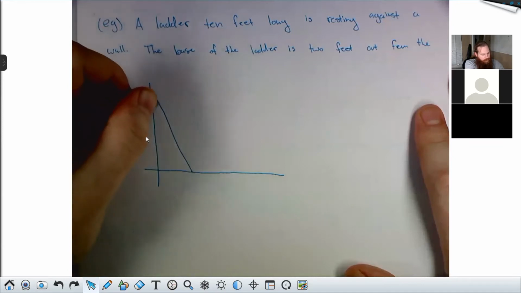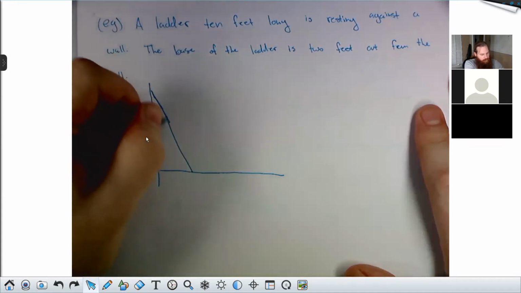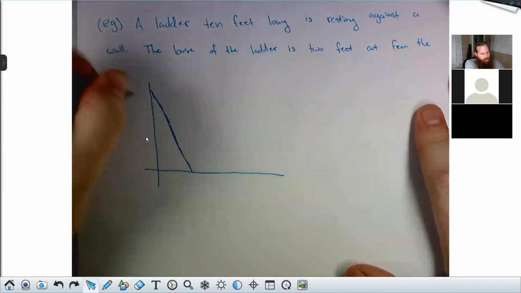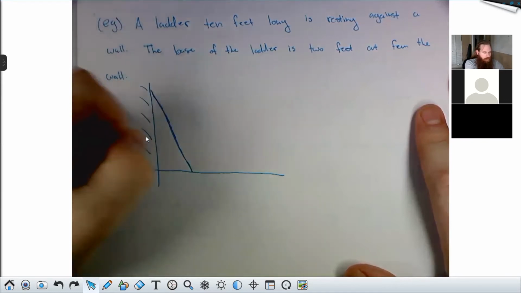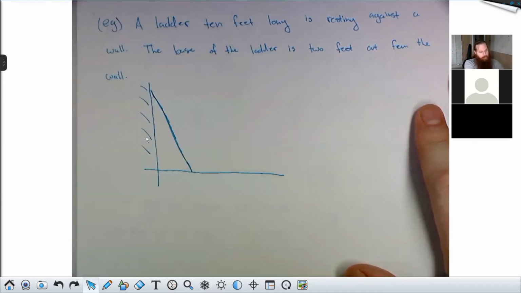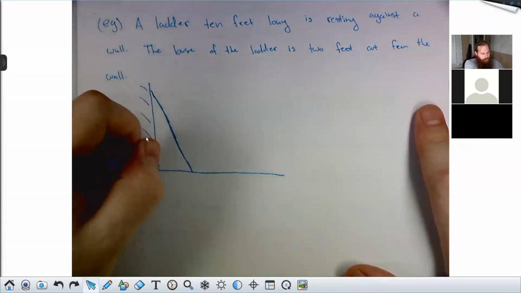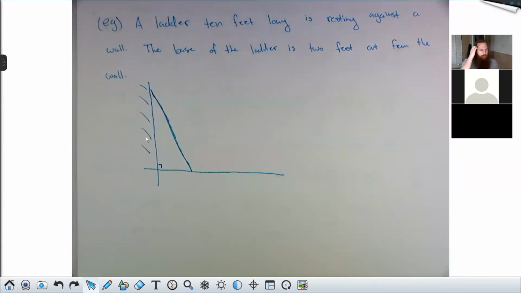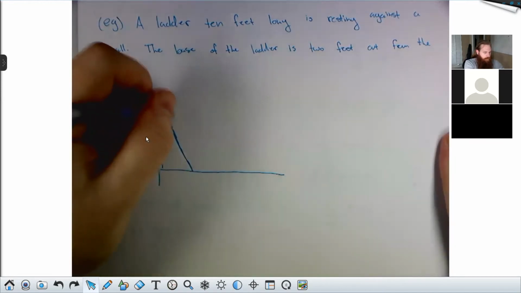All right, so here's my ladder. Here's my wall. This, of course, is 90 degrees. And the ladder is 10 feet long.